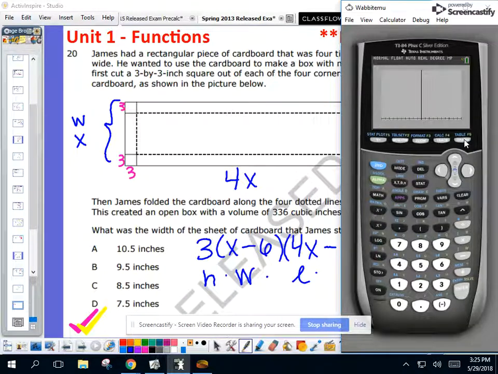I just chose a value that was larger than the volume, 336, so then I could see where this function intersects the volume. We see 2 points of intersection. The one over on the left doesn't mean anything to us, however, because you can't have negative length or negative dimensions. So we're going to second trace intersect over in quadrant 1.